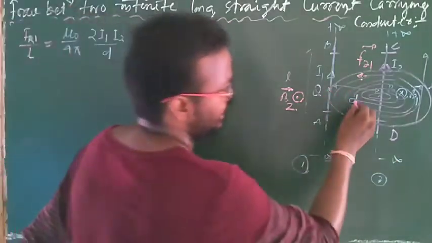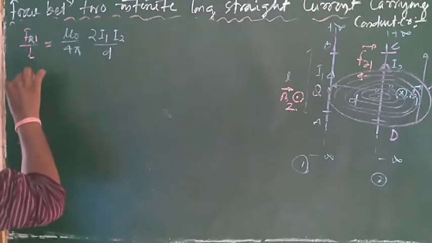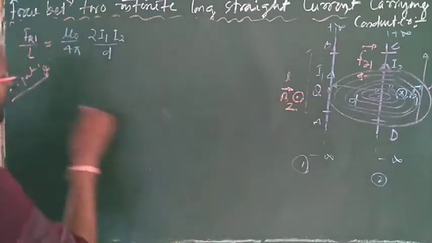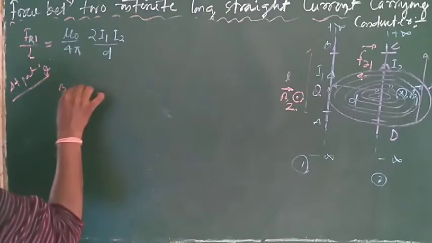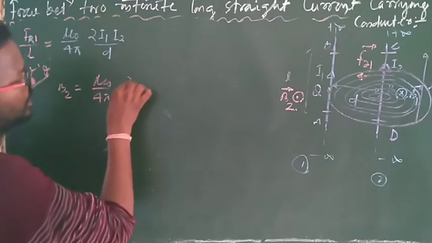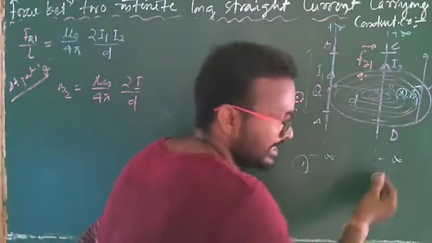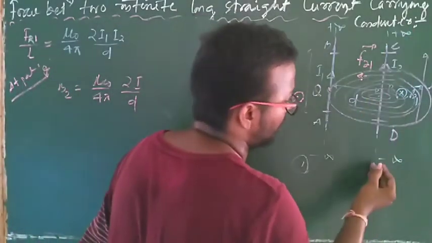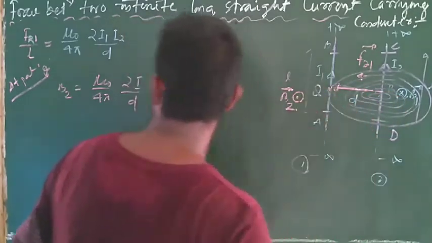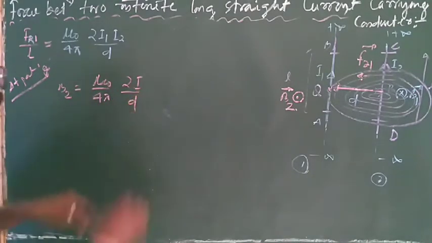Similarly, this distance is D. At point Q, the value of B2 is equal to mu naught by 4 pi into 2 I by D, because this is an infinite length straight conductor, and the magnetic field at a distance D is B2 equal to mu naught by 4 pi into 2 I by D. What is I?